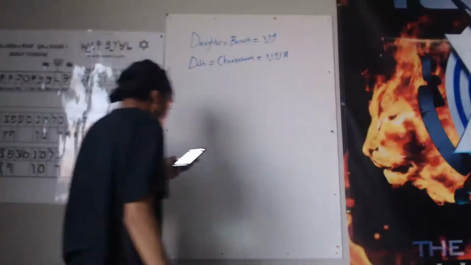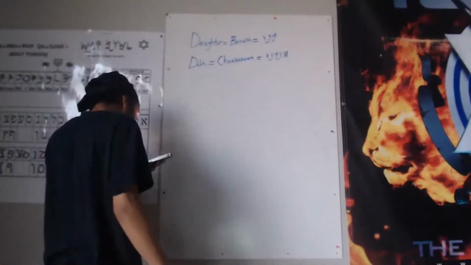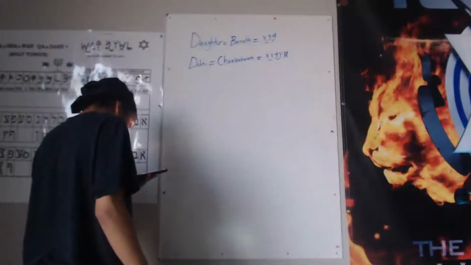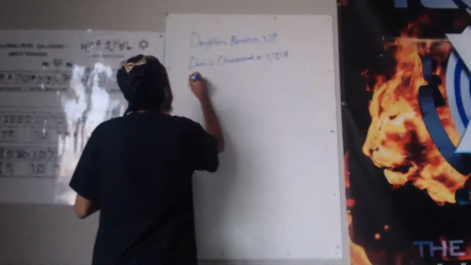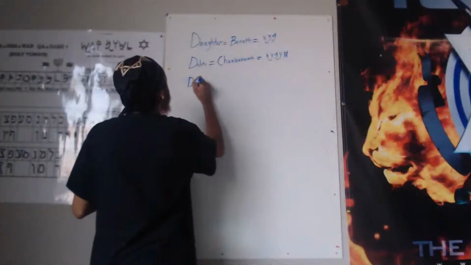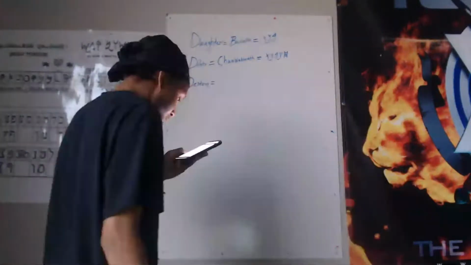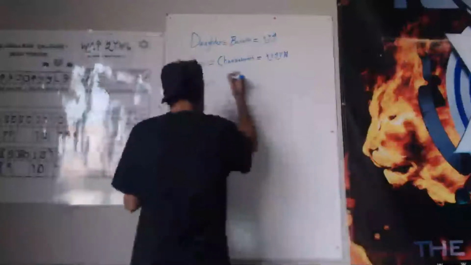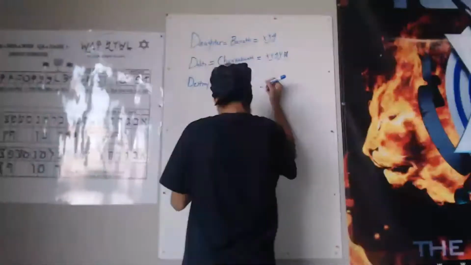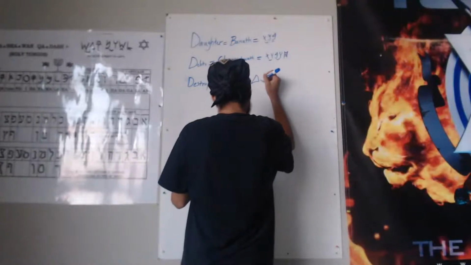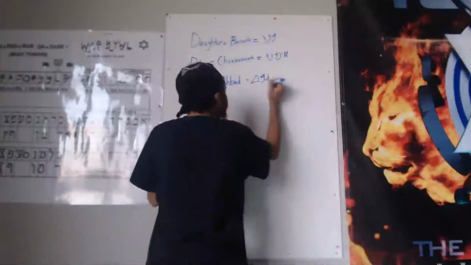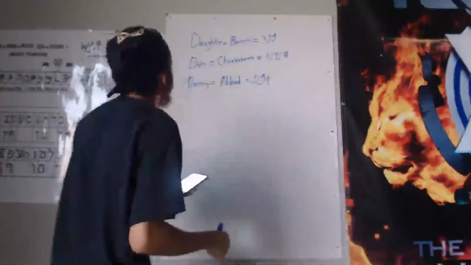Kawawa is debts. Destroy. Divide. All right. That's 3 so far.